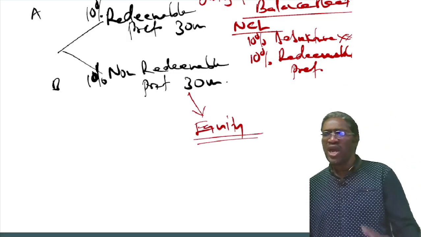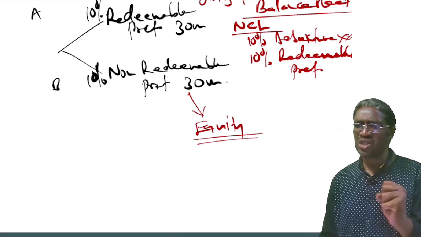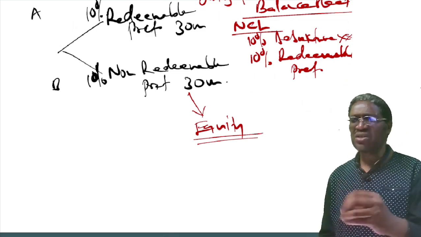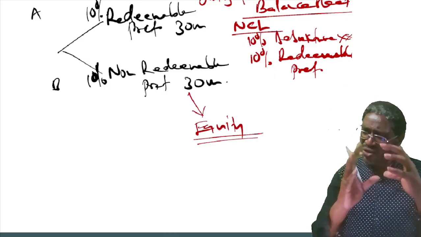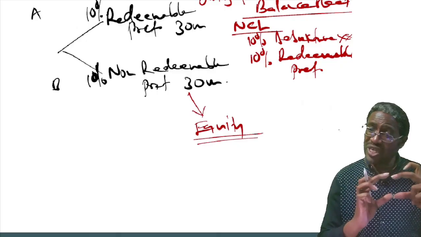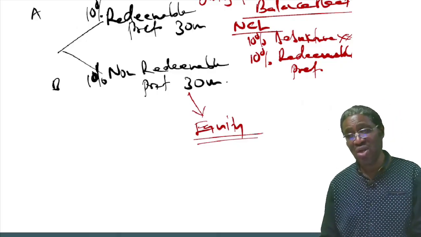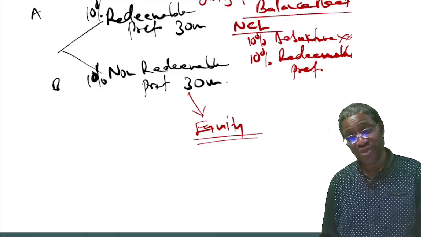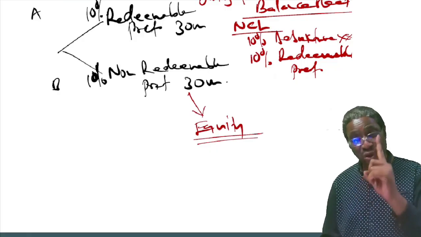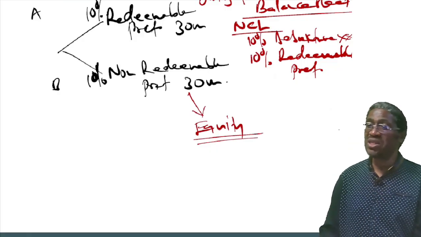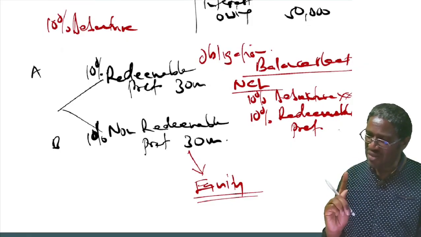Meaning, where you as company B, you show your ordinary share capital in the balance sheet, reserves, share premium, revaluation reserve, it is among those ones that you now put in your non-redeemable preference share. Okay? So I want to believe that you have got the difference on how to treat these two in the balance sheet. How do they affect the balance sheet?